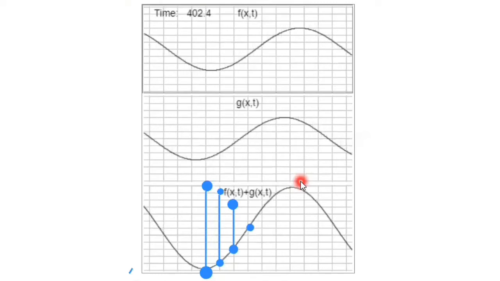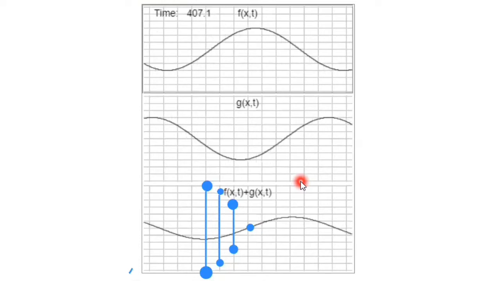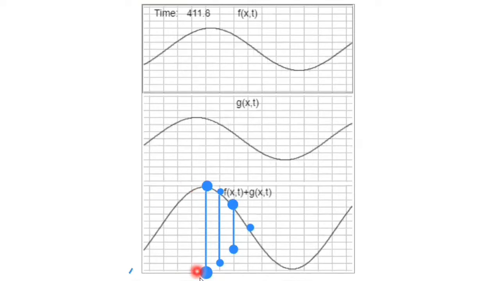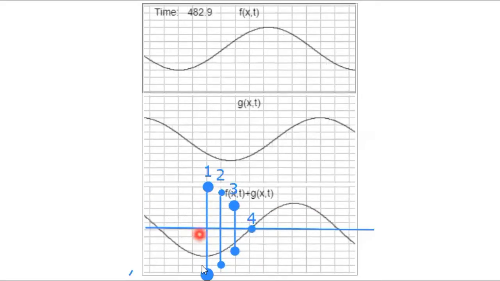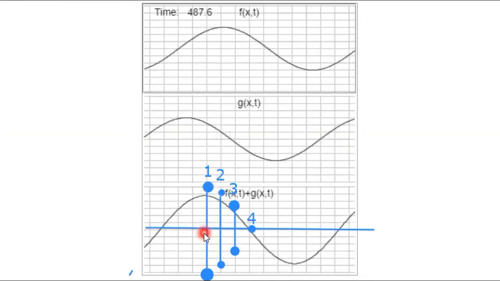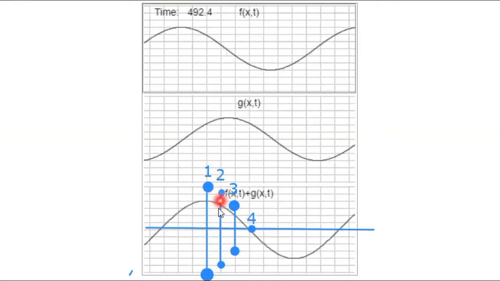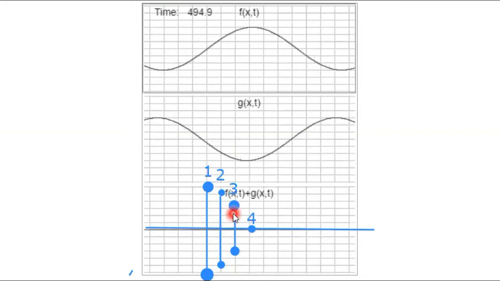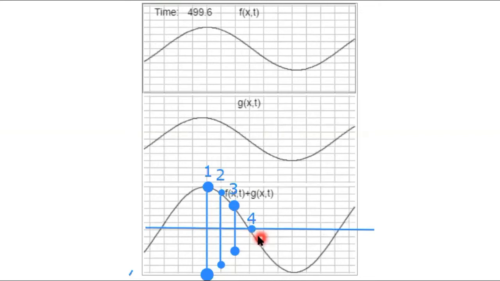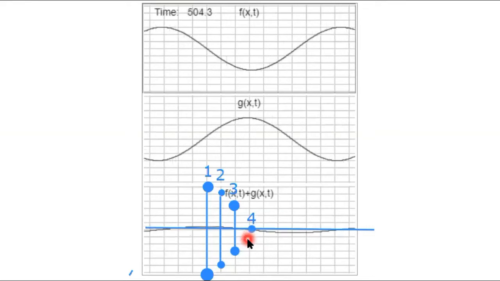Now in stationary waves, all the particles have different amplitude. So this third wave is the stationary wave. The amplitude of this first particle, the distance covered from its mean position, is maximum, and the amplitude of the second particle is less than the first particle, and the amplitude of the third particle is less than the second particle, and the fourth particle is not moving from its position.